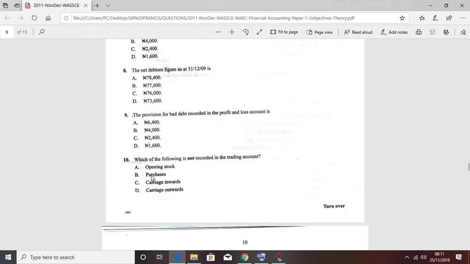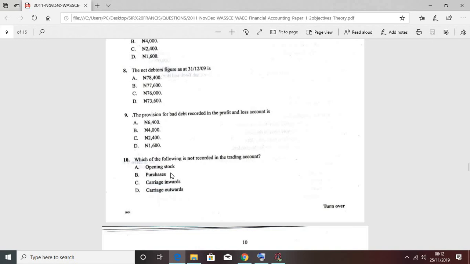Cost of sales, do we have opening stock? Yes, we have opening stock because it forms part of the cost of goods sold. We have purchases there. That one too is part of it. So carriage outward, we have carriage inward.